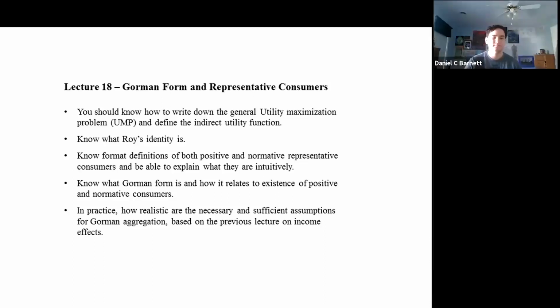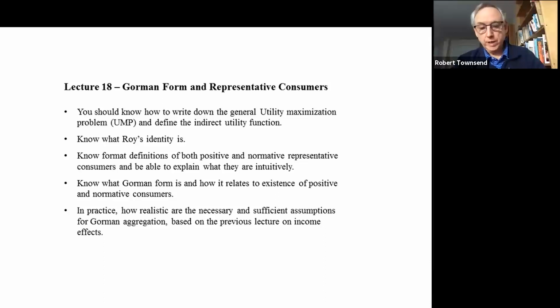Yeah, and then the normative one is a way to rank order allocations according to the Pareto principle, but ironically, rather than keeping track of all the individuals and whether they're made better off or worse off, we can collapse it to as if we were maximizing the utility for the whole economy through the lens of this representative consumer. And as you said, that kind of determines the overall allocation.